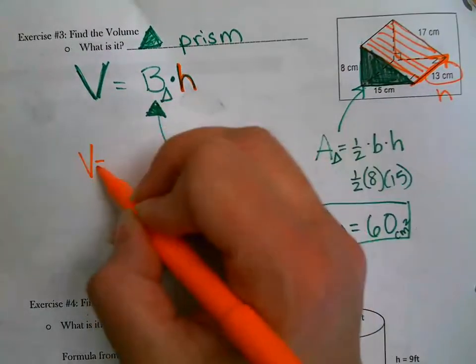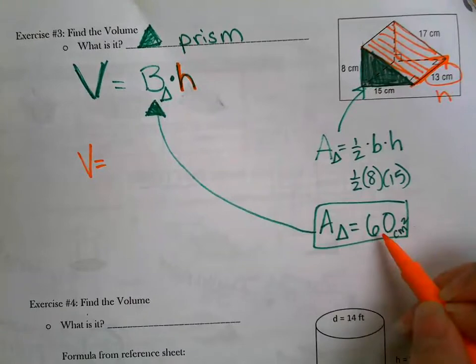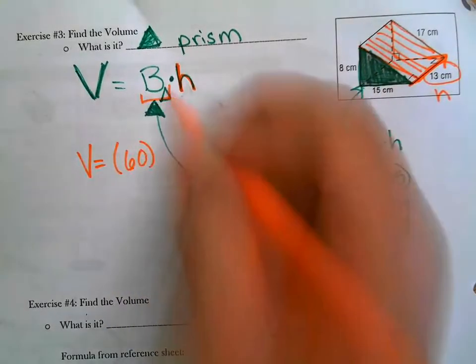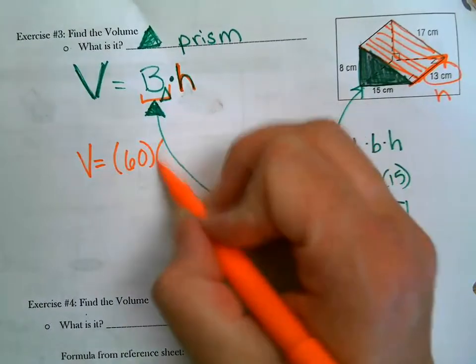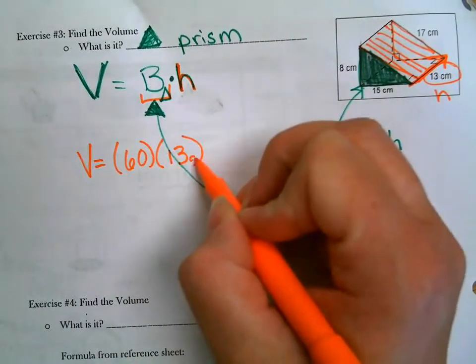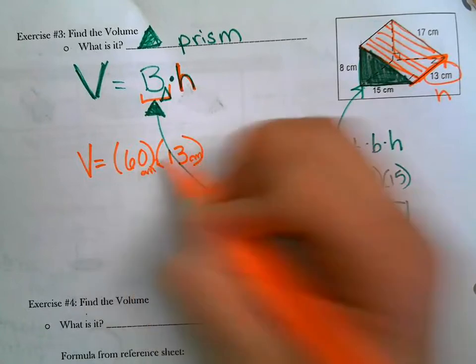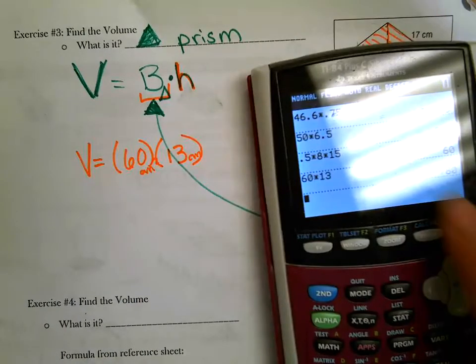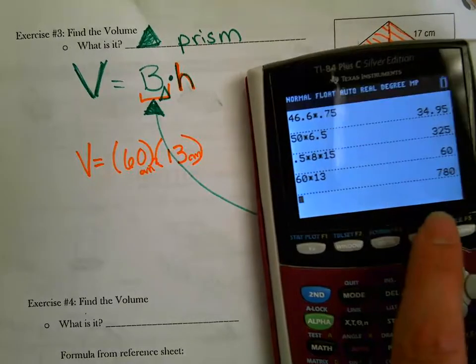So subbing in, we have volume equals, our area of the base is going to go in as 60, the B. The height is going to be 13, and again, this is centimeters, this was centimeters squared. 60 times 13 gives me 780.